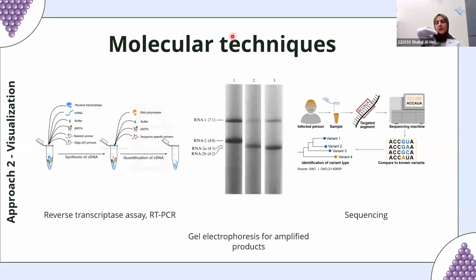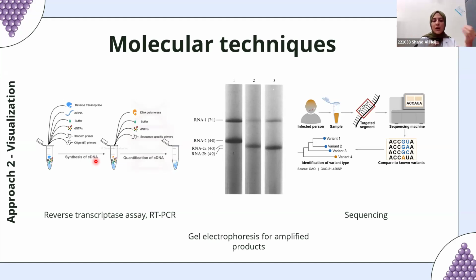Here you have molecular techniques. Again, those are more in biochemistry. You don't need to know them in detail, but we're touching upon them for the sake of completion. Here you have a reverse transcriptase assay or RT-PCR. Basically, you form the complementary DNA from the RNA, and then you do PCR, polymerase chain reaction, in order to increase the amount of DNA. You can use this to do many tests. For example, we know PCR for COVID, PCR for many viruses.